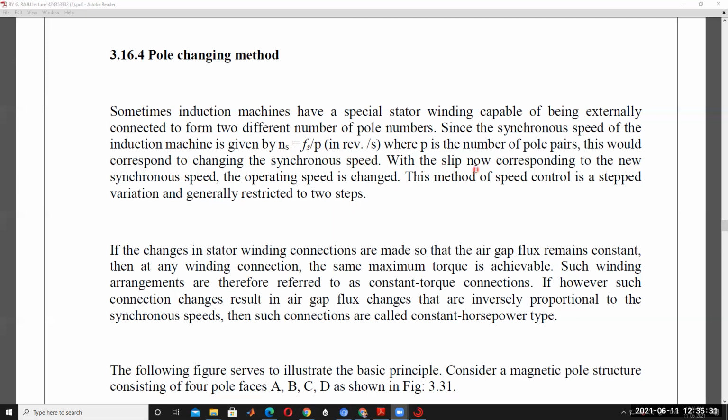With the slip corresponding to the new synchronous speed, the operating speed is changed while changing the number of poles. This method of speed control is a stepped variation and is generally restricted to two steps.